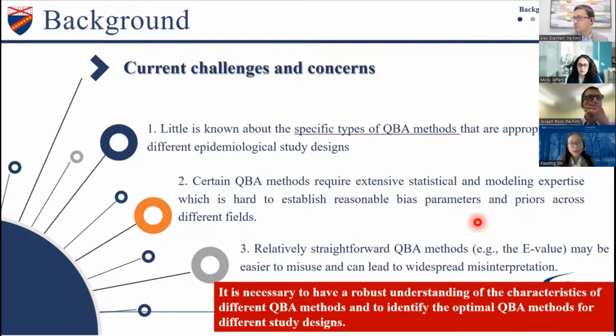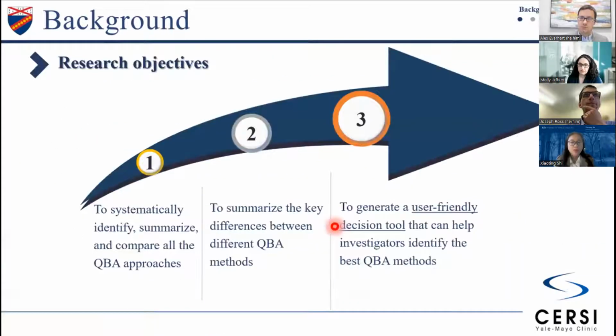So it is necessary for us to have a robust understanding of the characteristics across different QBA methods and to help identify the best QBA methods for different study designs. Therefore, we conduct a systematic review of all the QBA methods that have been proposed for epidemiological studies. Specifically, we aim to first systematically identify, summarize, and compare all the QBA methods that have been proposed in the existing literature.